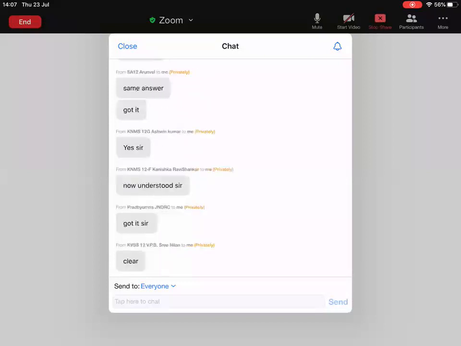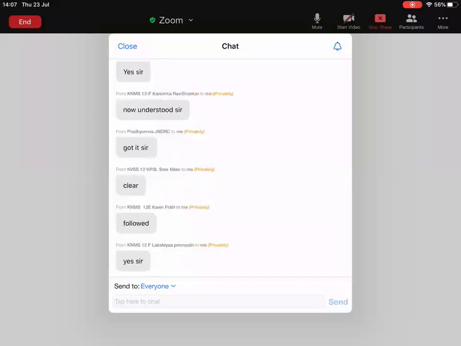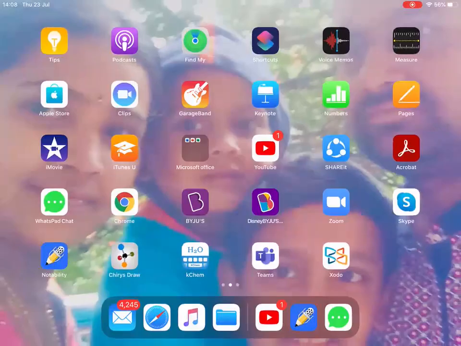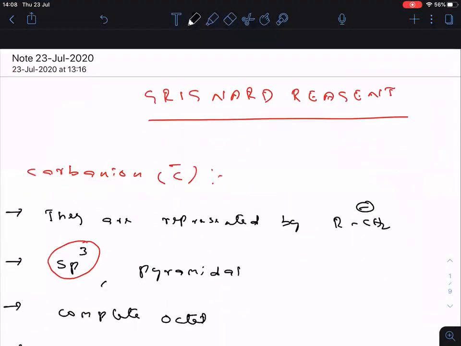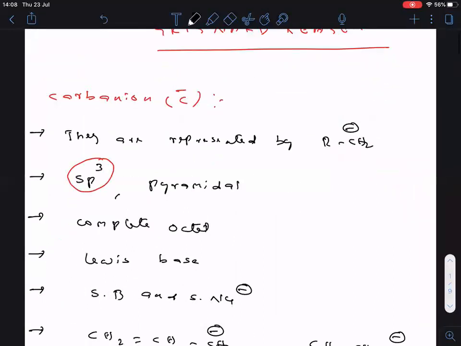Clear? Okay. Now here I will be showing you the slides from the starting onwards. Remaining things in tomorrow's class we will discuss. If any slide is missing, you can take a screenshot here.